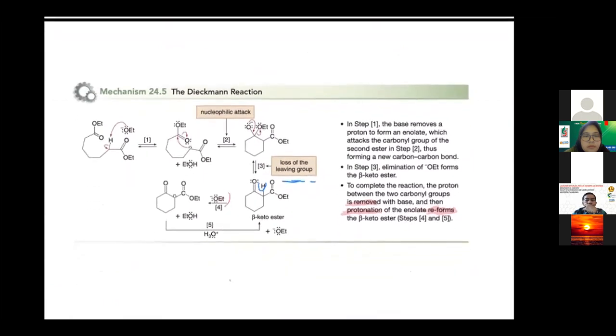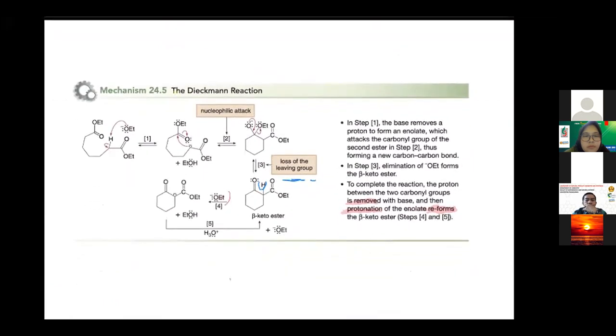This is the reaction mechanism of the Dieckmann reaction. I say again, this alpha position is activated because it is next to the carbonyl group. Here is the nucleophilic attack.